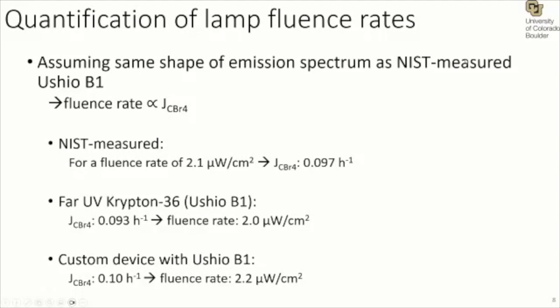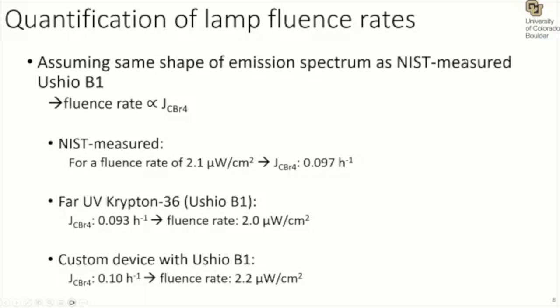If a fluence rate of 2.1 microwatt per square centimeter is assumed for the NIST measured Wuxio B1 emission spectrum, it will result in a CBr4 photolysis rate of 0.097 per hour. For the Far-UV device with Wuxio B1, we measured a CBr4 decay rate of 0.093 per hour, corresponding to a fluence rate of 2.0 microwatt per square centimeter.